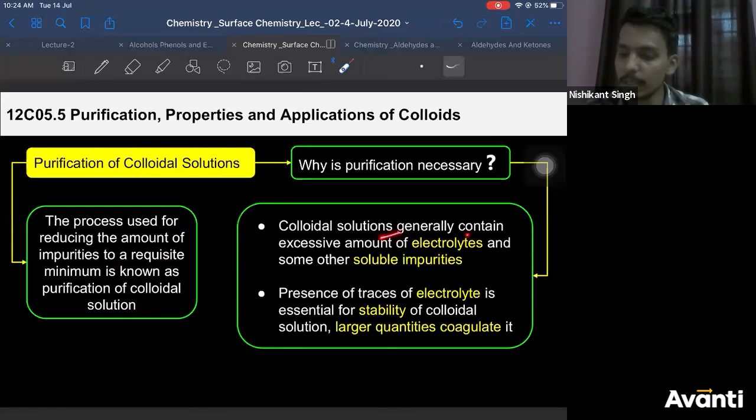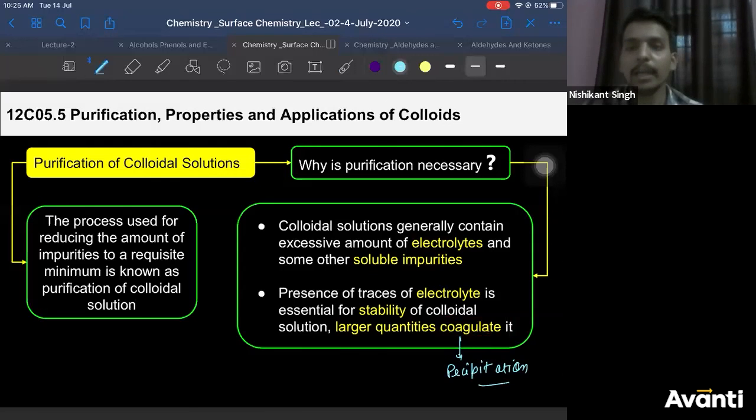Colloidal solutions generally contain excessive amount of electrolytes, right, and soluble impurities. So presence of traces of electrolyte is essential for the stability of colloidal solution. Larger presence of electrolyte can cause coagulation. What is coagulation? Just now we have studied. It is nothing but precipitation. So what we are saying here is, in a colloidal solution, having small amount of electrolyte is fine.